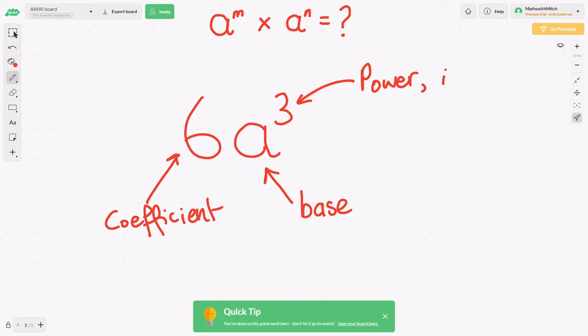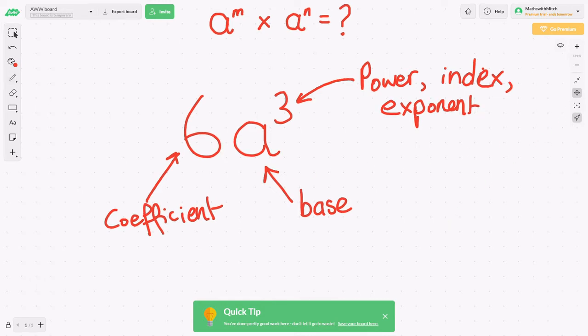Or you might hear this called the index, which is where indices comes from, or you might also hear it be called the exponent. So going forward, people might refer to that as a number of different things, but today we're going to mainly be talking about it as a power. I like to use the word power.